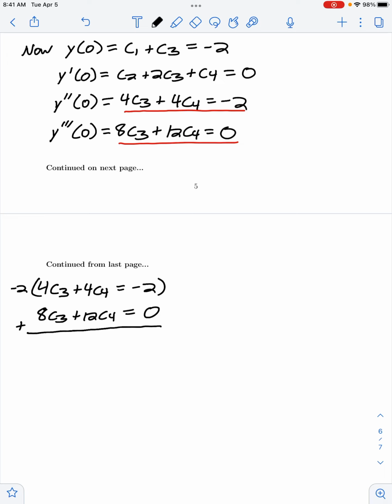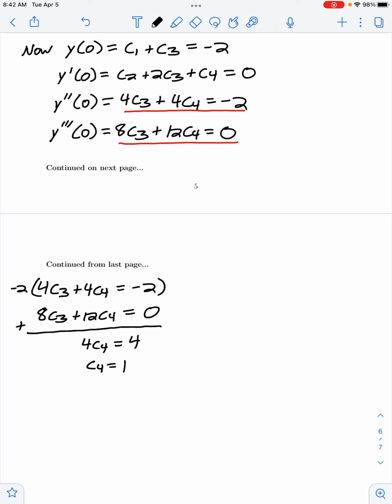I would have a negative 8c3 plus 8c3, and then a negative 8c4 plus 12c4 leaves me 4c4 is equal to, on the right-hand side, 4 plus 0, or 4, and so it follows that c4 must be 1.